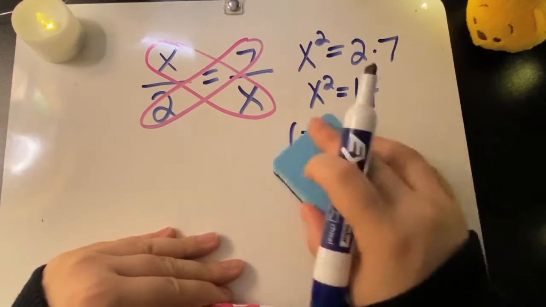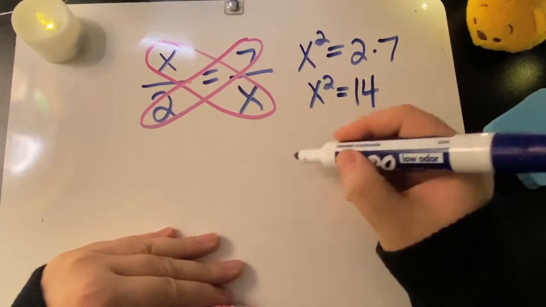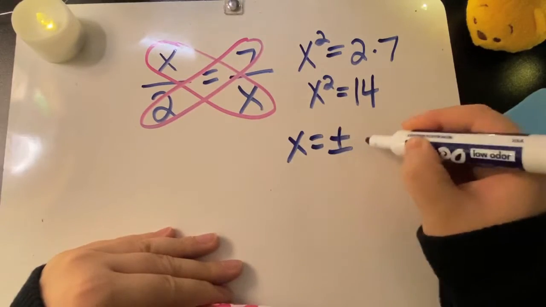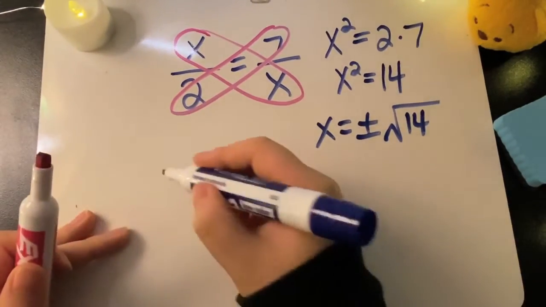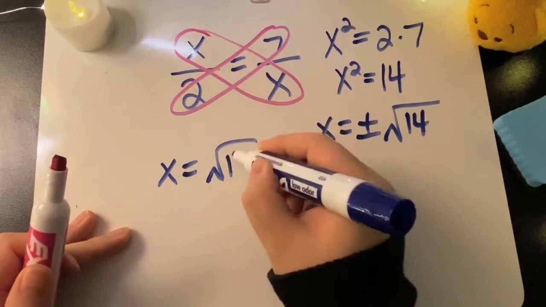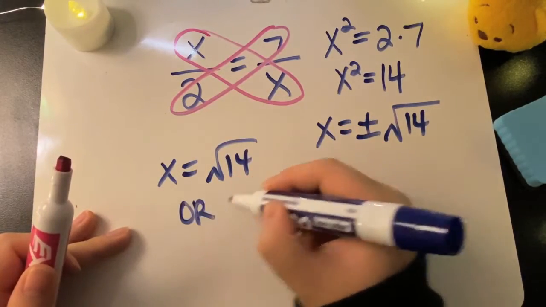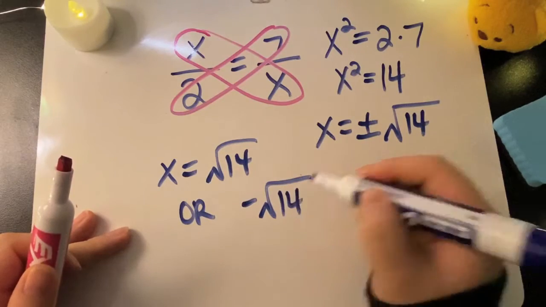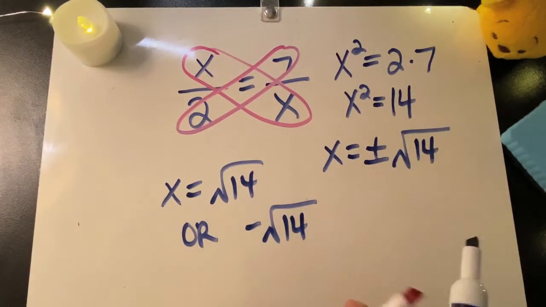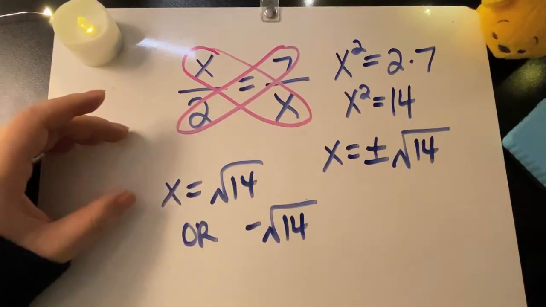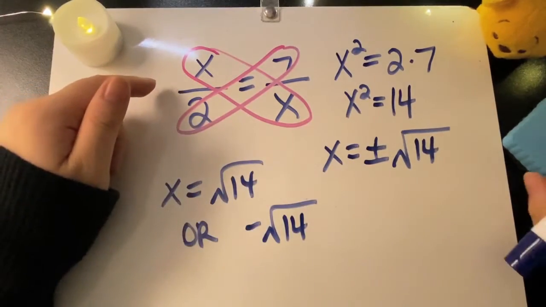So just be careful of that. But other than that, it's just our usual plus or minus square root of 14. So x equals square root of 14 or negative square root of 14. And that is it.